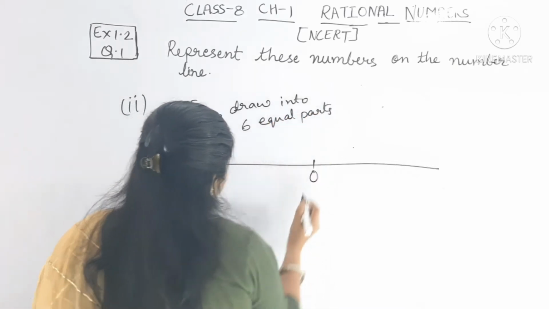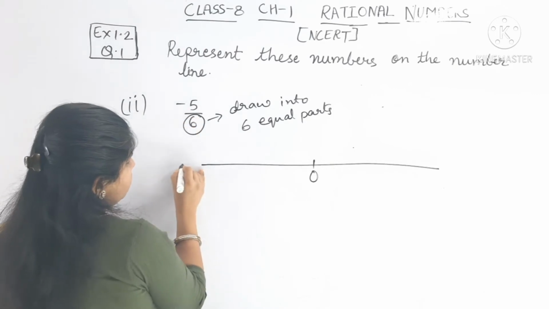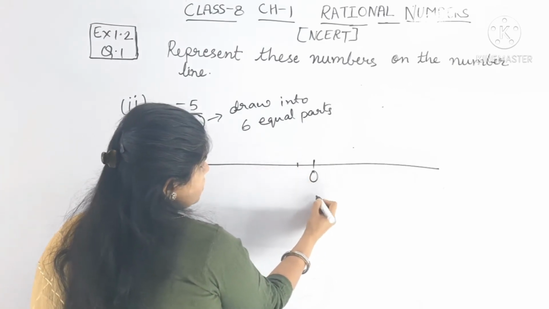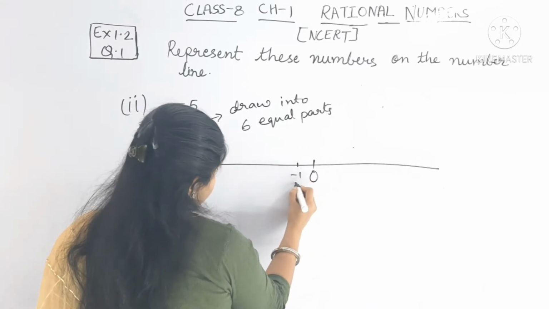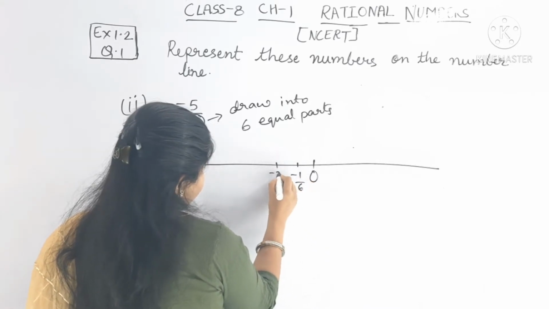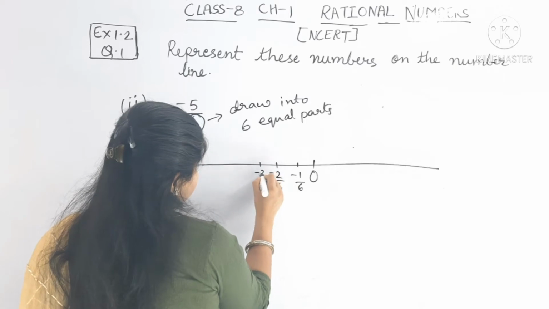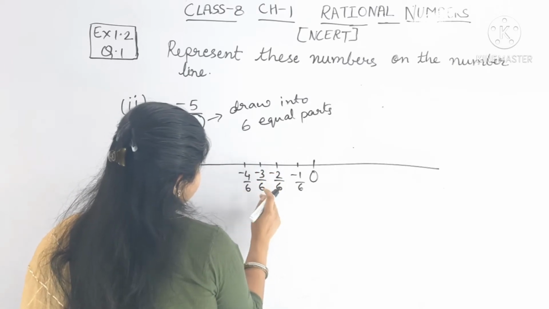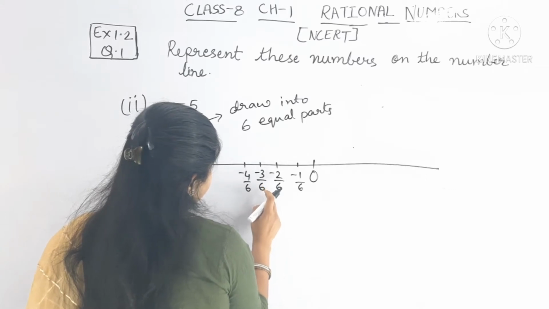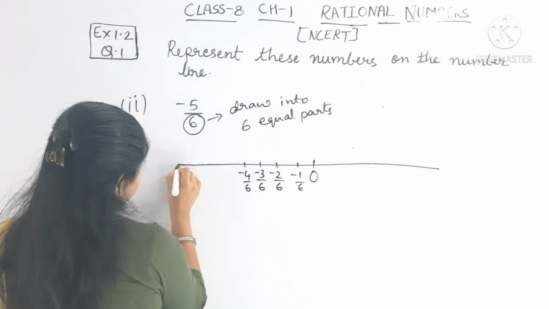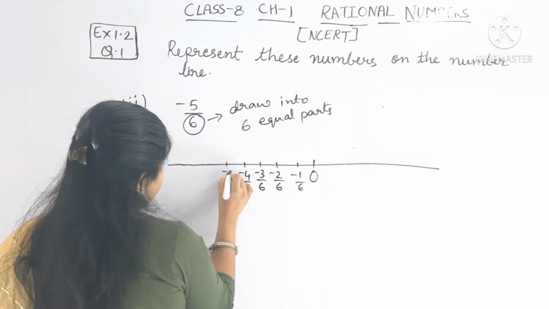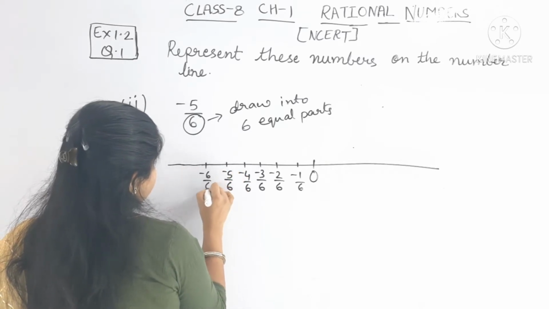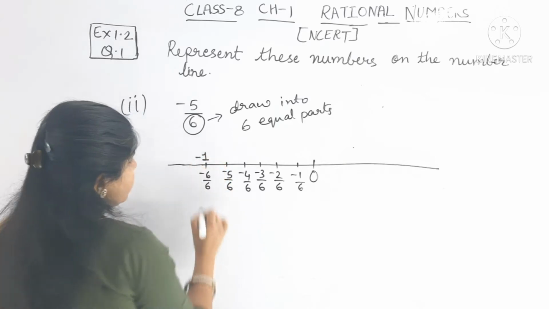Right. So here this is the negative one. So first we draw with the negative one. 0 by 6 is the same 0. Minus 1 by 6, minus 2 by 6, minus 3 by 6, minus 4 by 6, minus 5 by 6, here minus 6 by 6, or you can write as minus 1.